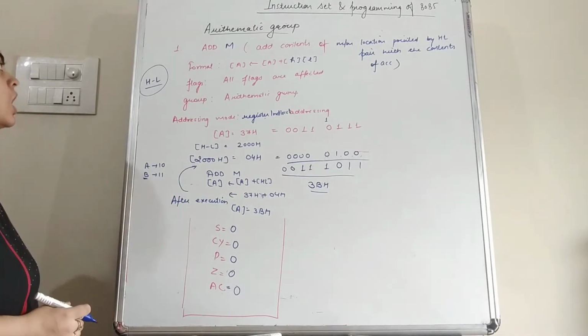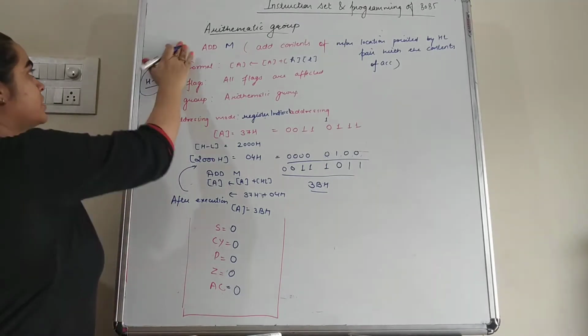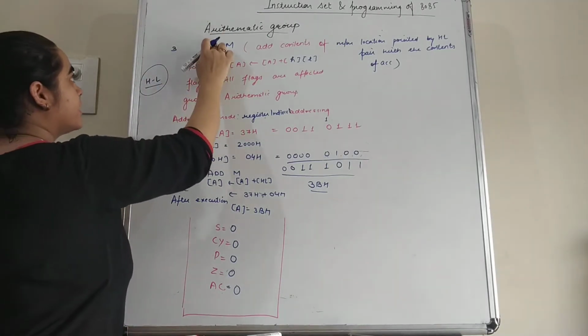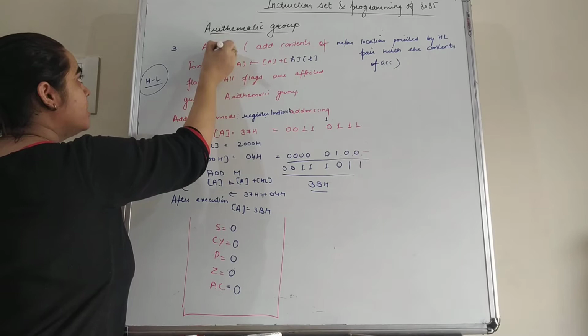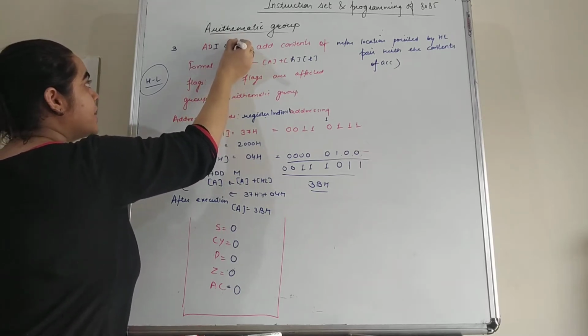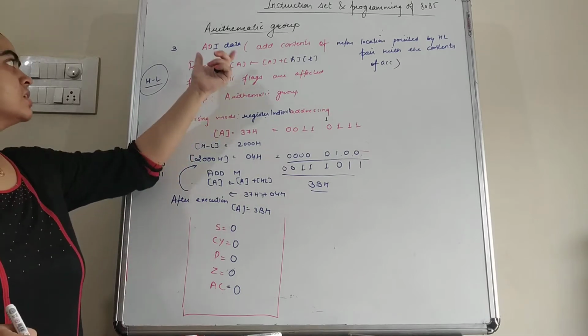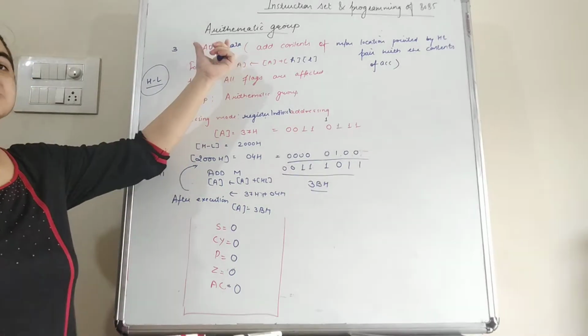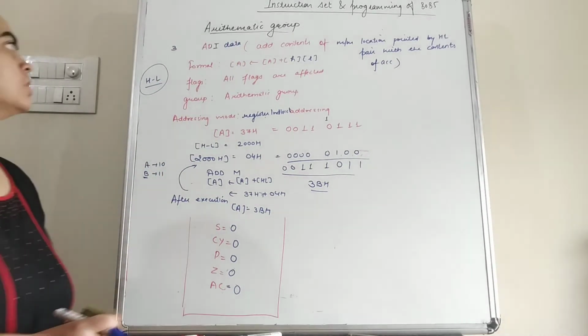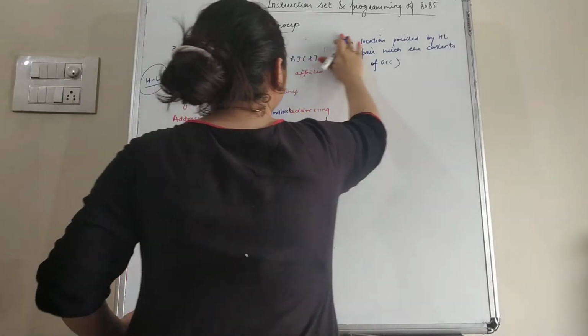Now students, after this we have the third instruction, that is ADI data. ADI data means we add immediately the contents that are written in the instruction with the contents of the accumulator.